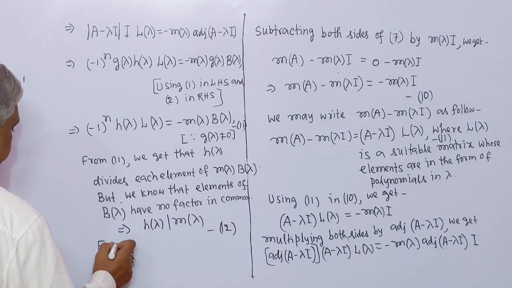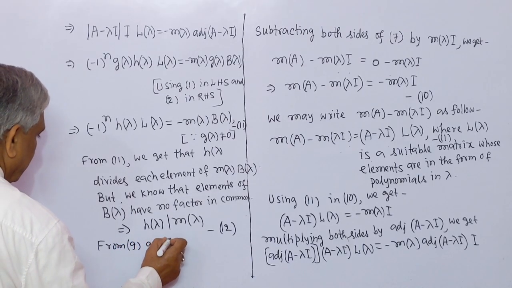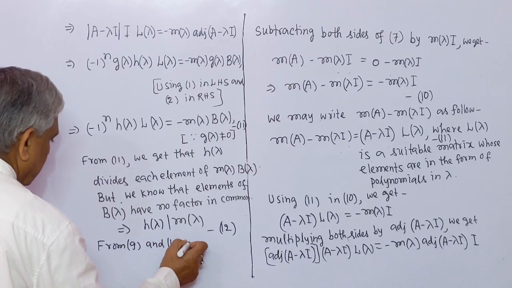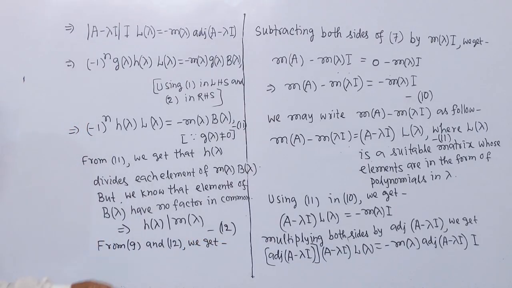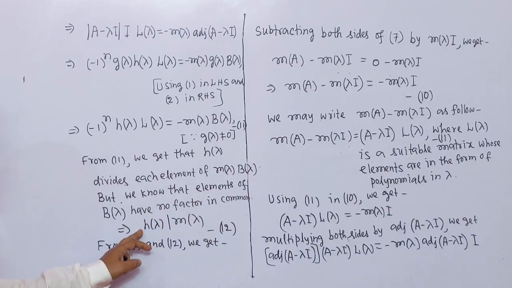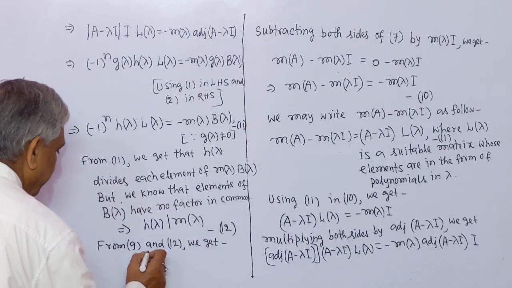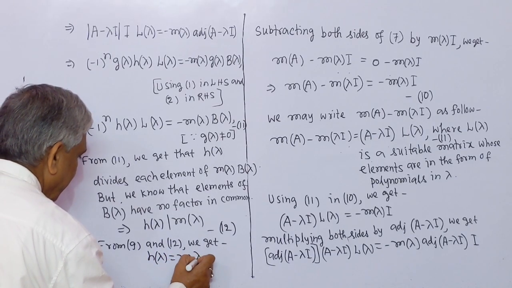From 9 and 12 we get, in 9 we have seen that m lambda divides h lambda, and in 12 h lambda divides m lambda. That means h lambda equal to m lambda.